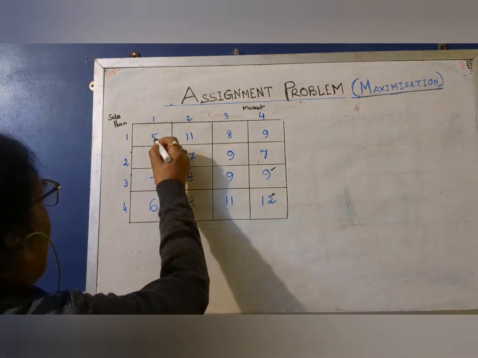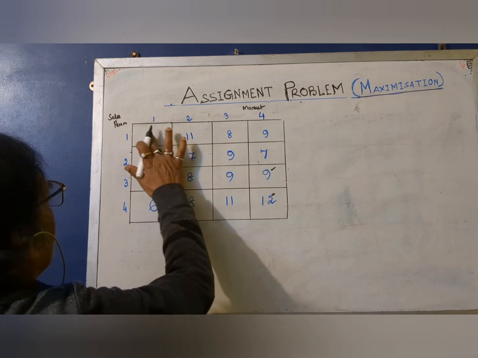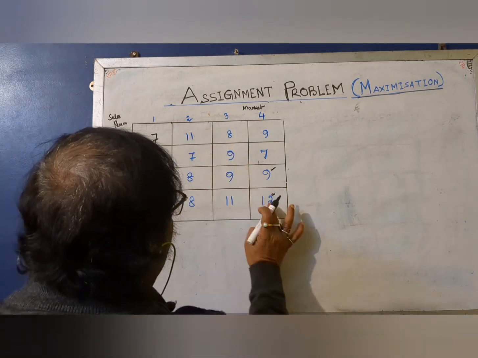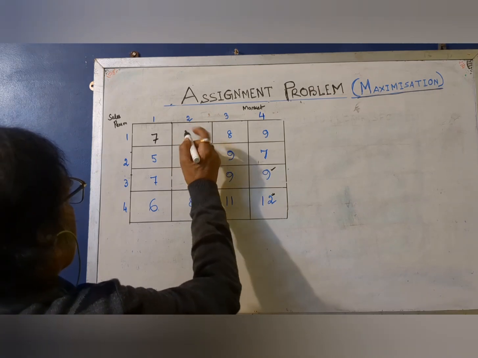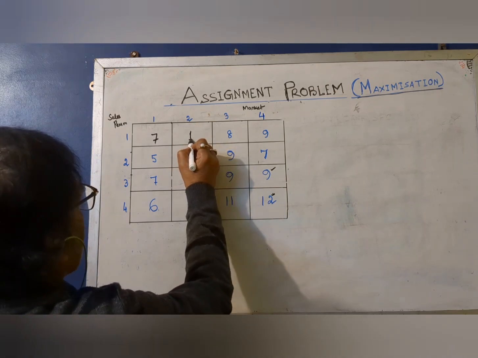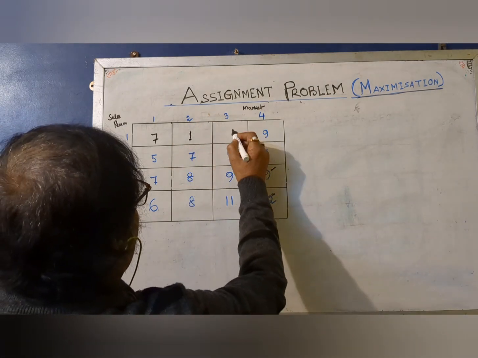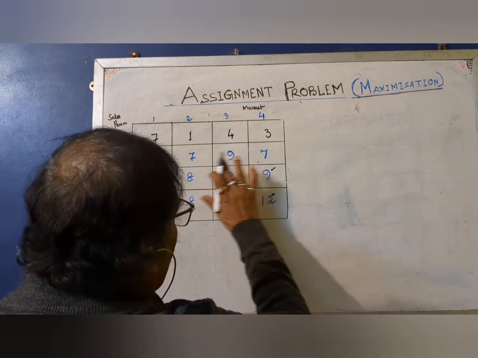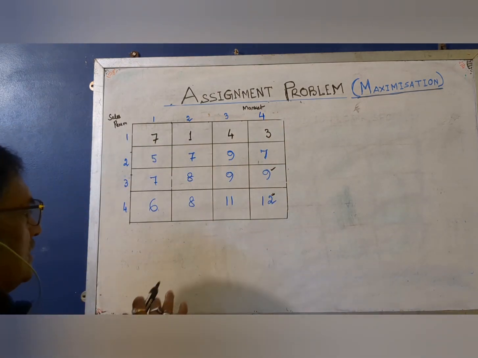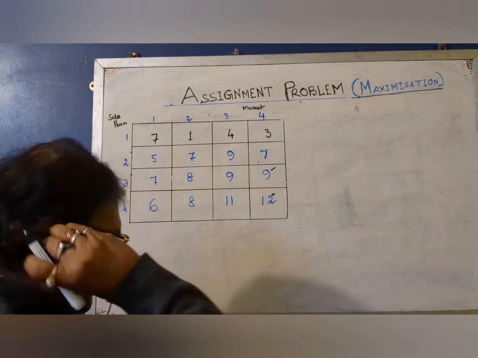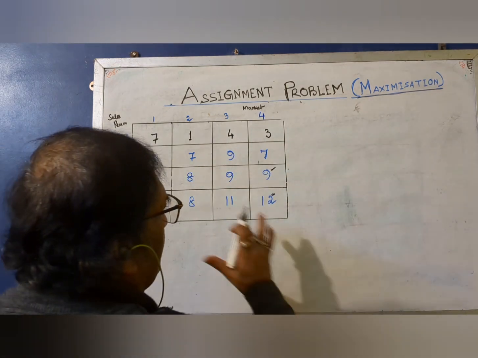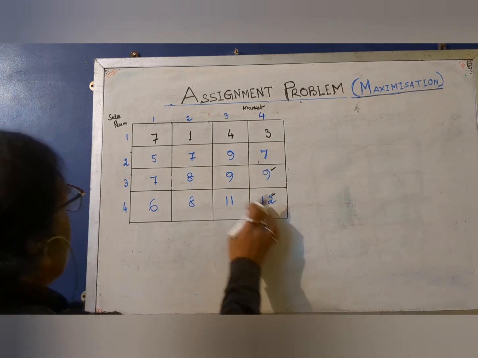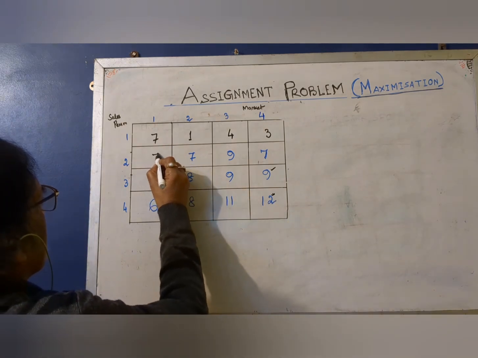So subtract 5 from 12, then it will be 7. Subtract 11 from 12, that is 1. Subtract all the elements from the highest element. This will be 4, and this will be 3, in this way. You would do it in a separate matrix, but in this case, as there is limited space, I am doing it on the same matrix. So 12 minus 5 means 7.